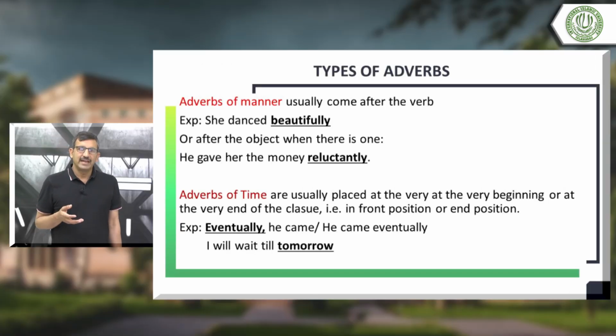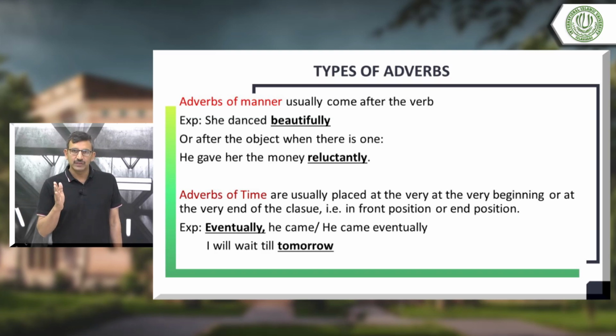The second type of adverbs are adverbs of time. These are usually placed at the very beginning or at the very end of the clause. For example, in the front position or in the end position. Eventually he came, he came eventually.